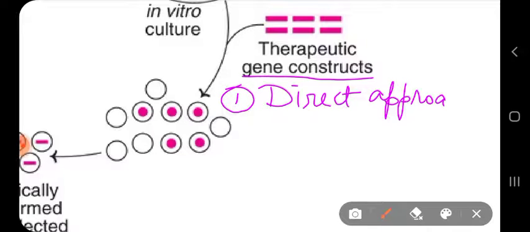The direct approach can be used, but it is mainly preferable for germline cell therapy.